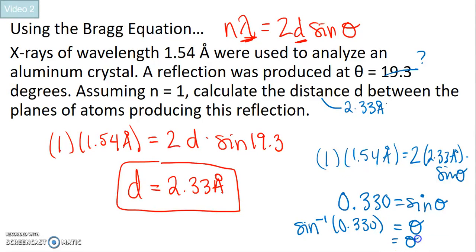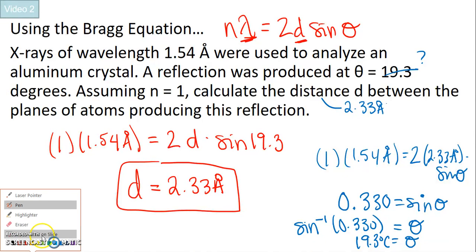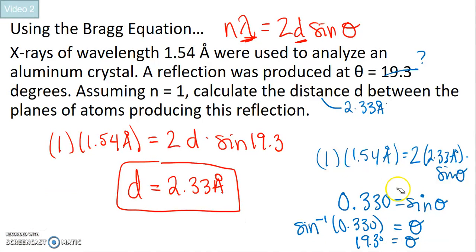And when you do that, you should in fact get about 19.3 degrees, which gets you back to what we know from the question. So that's just a reminder about solving for theta for those of you that haven't used your trig functions in a while. You solve like you normally would, and then you're left with the sine of theta, and to figure out what theta is, you just take the inverse sine of both sides.